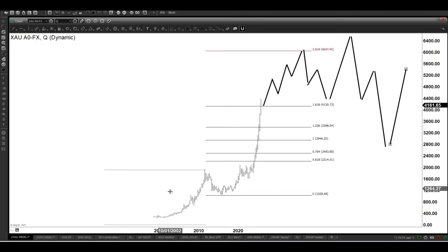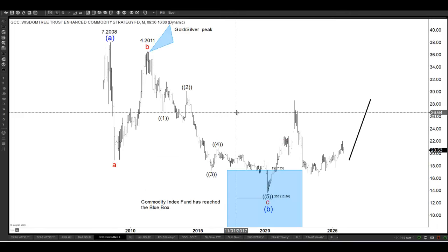There is something that is called the commodity index ETF, right? The commodity index ETF.